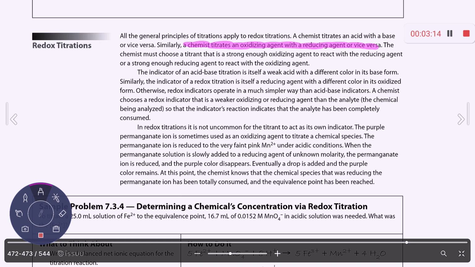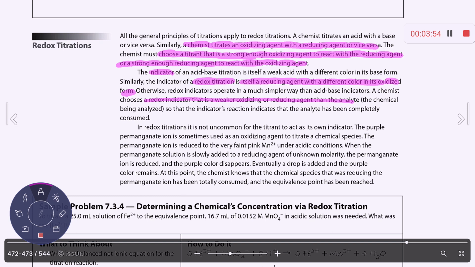And you have to choose a titrant that's strong enough of an oxidizing agent to react with the reducing agent, or the other way around. Now, the indicator of acid-base titrations is typically a weak acid with a different color when it turns into a base. So the indicator of a redox titration is a reducing agent with a different color in its oxidized form. Typically we choose a redox indicator that's a weaker oxidizing or reducing agent than the analyte we're looking at, so that way it can be completely consumed.